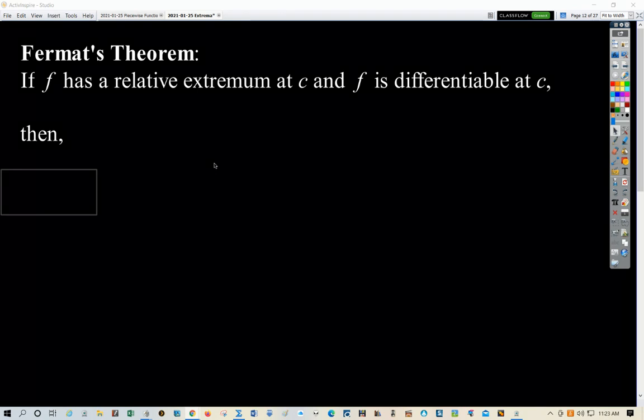One more little theorem here. It's Fermat's theorem. So if f has a relative extremum at c, and if f is differentiable at c, then what must be true? You guys fill in the blank there. Think deductively here. Think logically. If it has a relative extremum at c, and if f is differentiable at c, what does that mean?